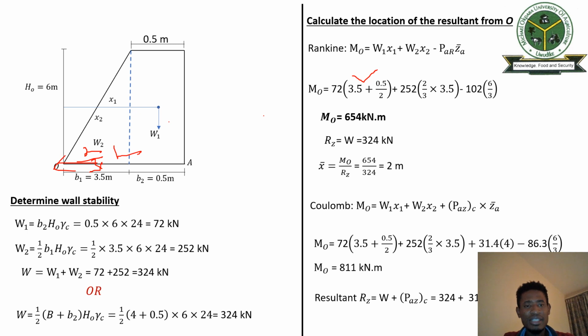From this side is 1/3. So, that is very simple. I know you understand this. Now, if we go back there, we'll have 2/3 multiplied by 3.5. If we do 2/3 multiplied by 3.5, we are going to get the distance from here to this place.